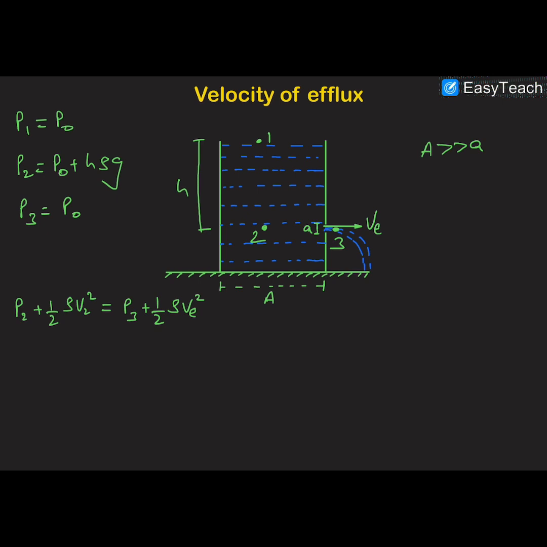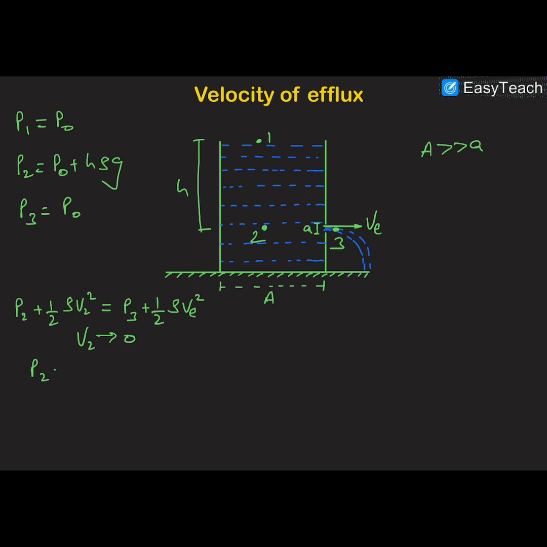Now just imagine a situation in which we are enlarging this orifice, increasing its diameter. The liquid at this point will start to flow out with a greater velocity. And if this diameter is very small compared to the area of the container, then the velocity of liquid at this point will be very small. So assuming that the area of the orifice is very small compared to the area of the container, we can say that the velocity at point 2 tends to 0.